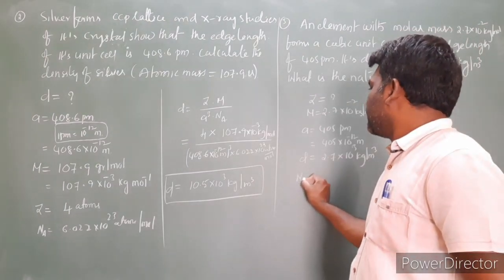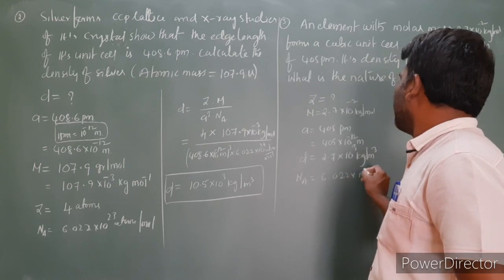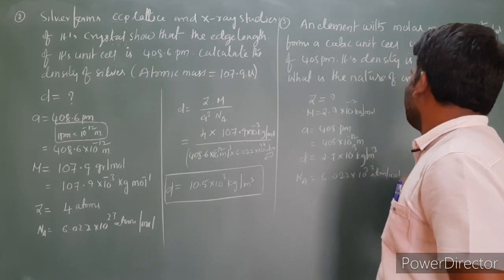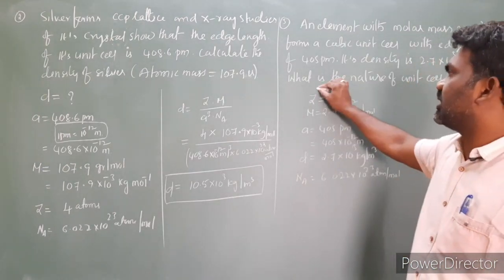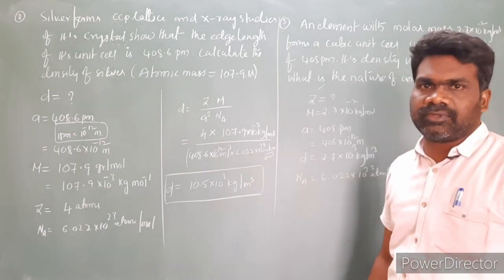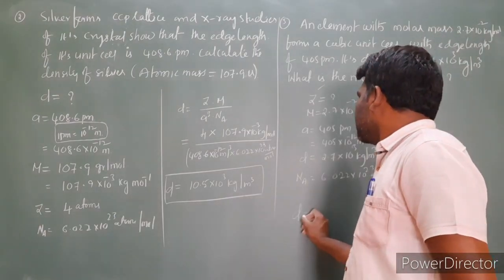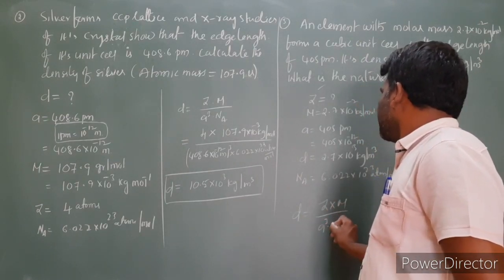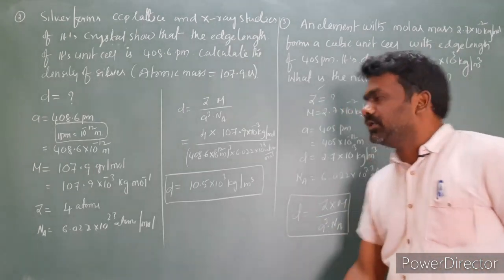Avogadro number Na is equal to 6.022 into 10 power 23 atoms per mole. So this is the data given to us. We have to calculate the Z, the nature of unit cell, isn't it? Then we have the formula density D is equal to Z into M by A cube into Na. This is the formula we have to use.